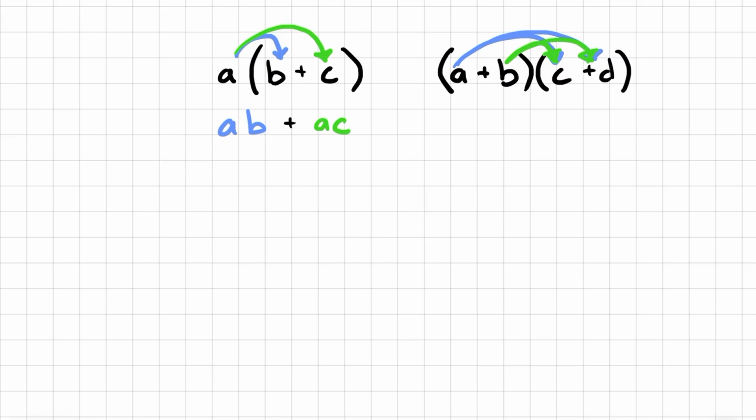So it looks something a little bit more like this. I take the first part, multiply it by both terms in the second part. Then I take the second part and multiply it again by both parts.